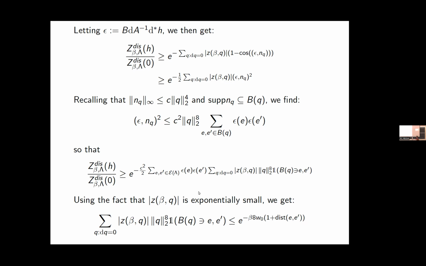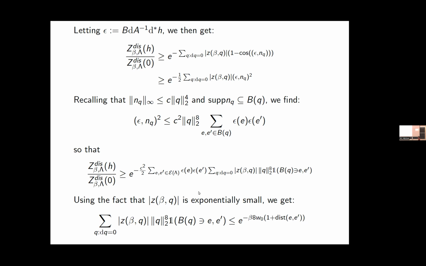So this is the goal. For this purpose, we proceed like this. Remember that NQ is bounded by Q to the 4 and has finite support. So we can always write this in this sort of trivial way: the square of the sup of NQ times the double sum of epsilon over the support of NQ. So nothing very deep.